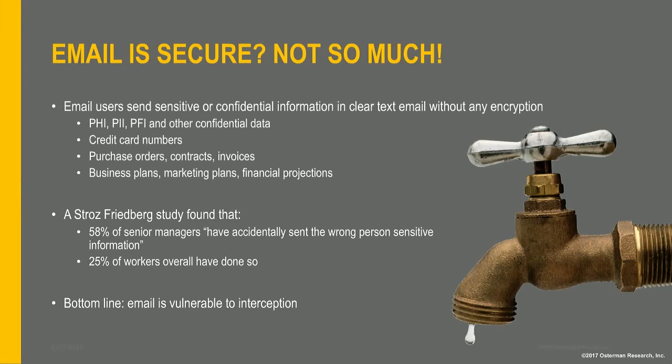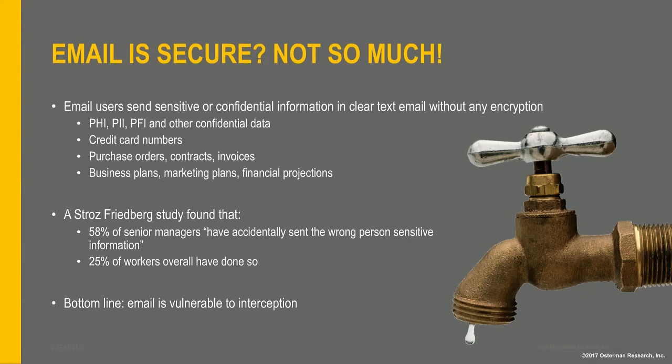Things like marketing plans or business plans, financial projections, things that today we'll just send an Excel spreadsheet or a Word document off to somebody without it being encrypted, and it really should be, just in case it's sent to the wrong party, or it somehow falls into the wrong hands.